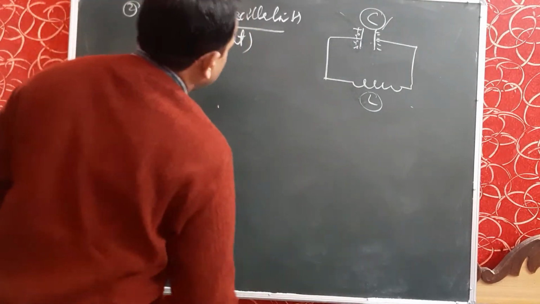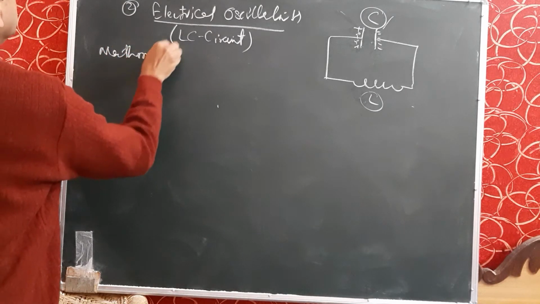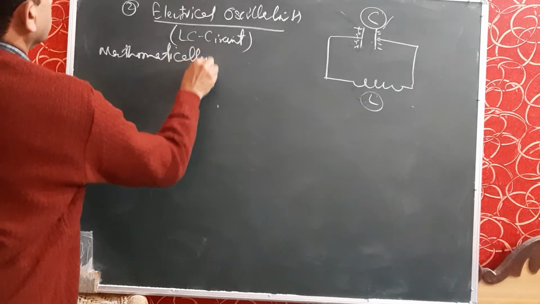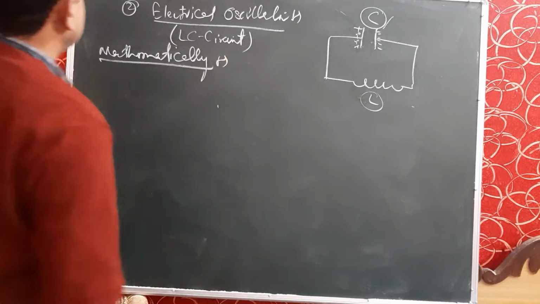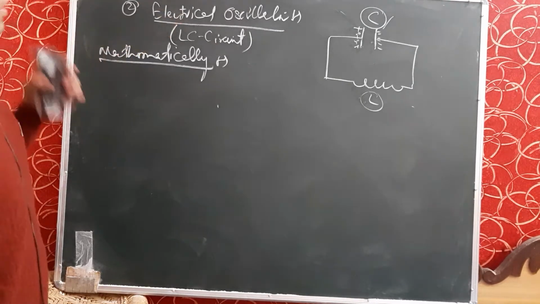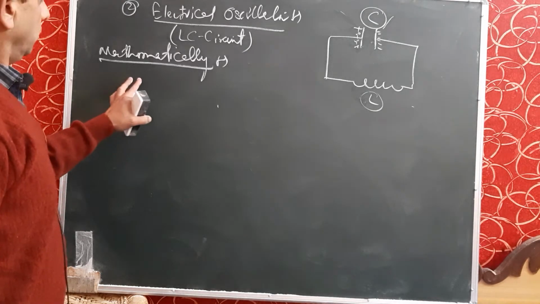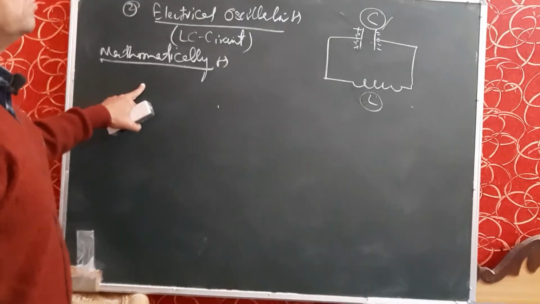We will prove mathematically how these waves are harmonic oscillations. In the previous case, we used the equation deforming force equal to restoring force, but in the case of the electrical oscillator, it can be proved using the concept of voltage.